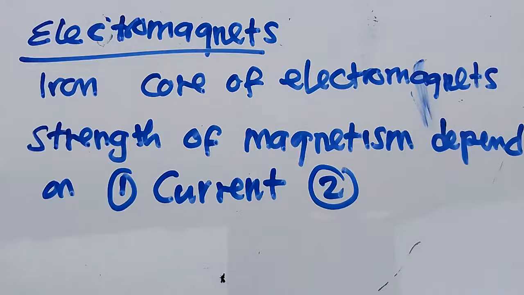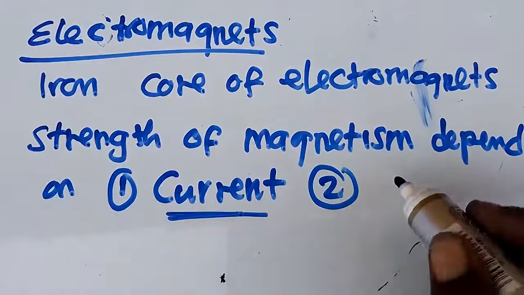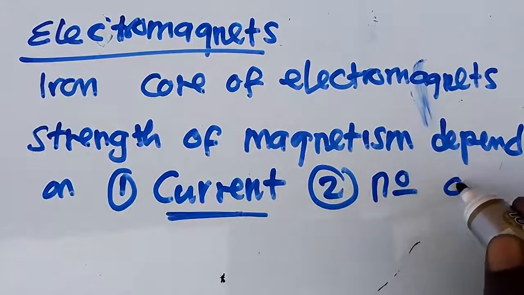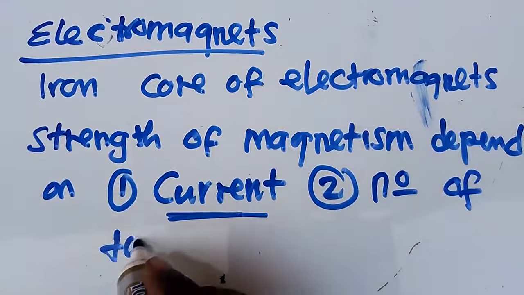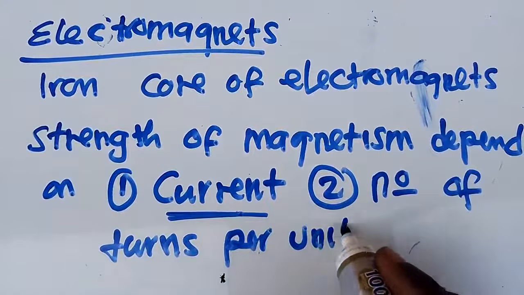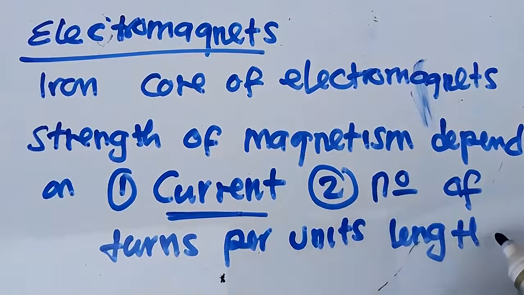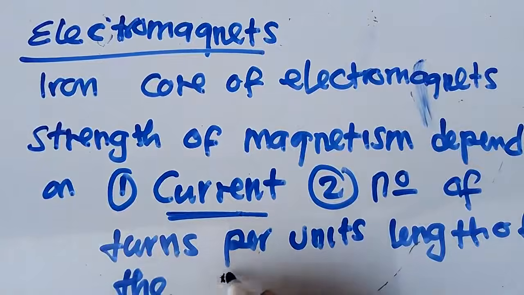So under electromagnets, the strength of a magnet will depend on current. Two, the number of turns per unit length of the solenoid.